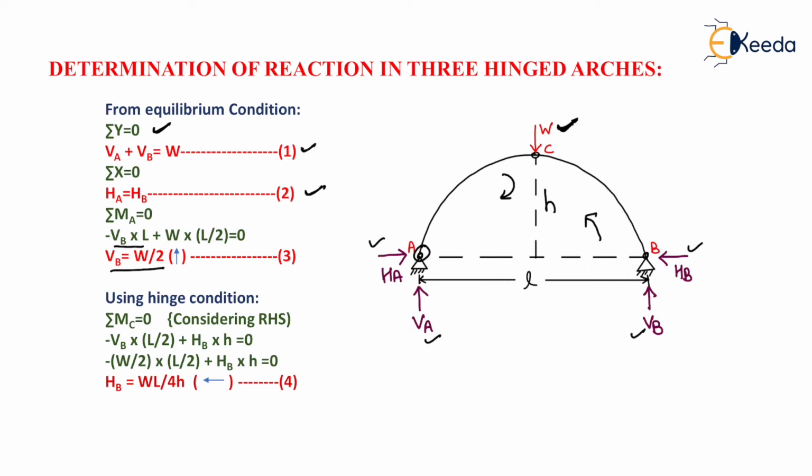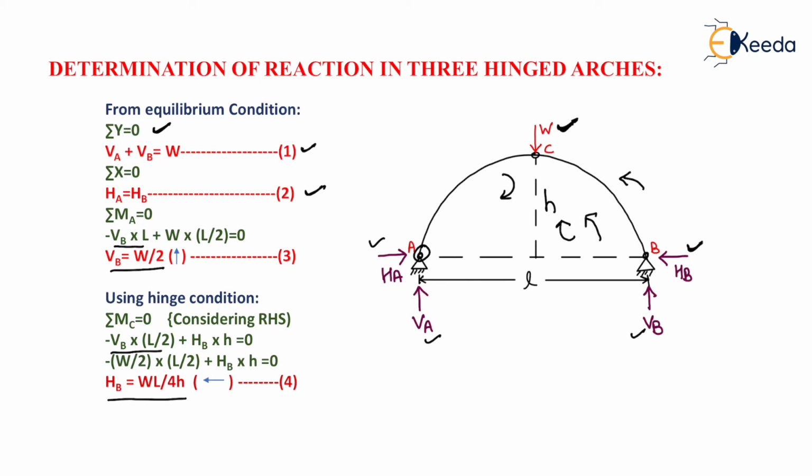The moment about C will be equal to minus VB into L by 2, because it is acting in the anti-clockwise direction, plus HB into H. Due to this horizontal reaction, there will be a moment acting in the clockwise direction of magnitude HB into H. So after putting the value of VB here, we will get the value of HB as WL by 4H acting in the leftward direction.